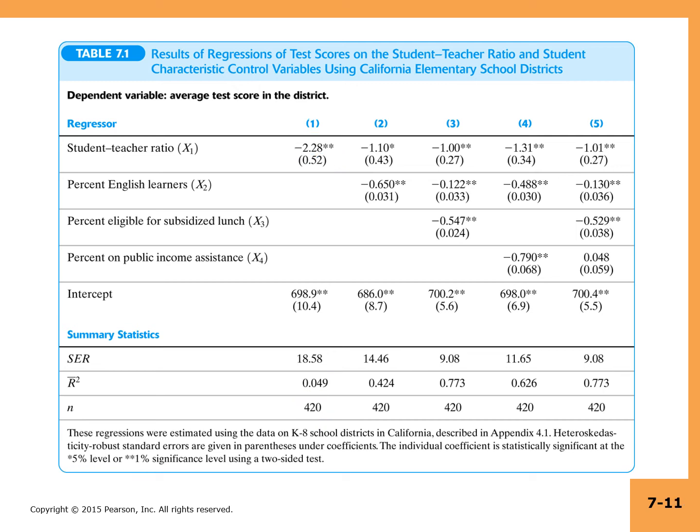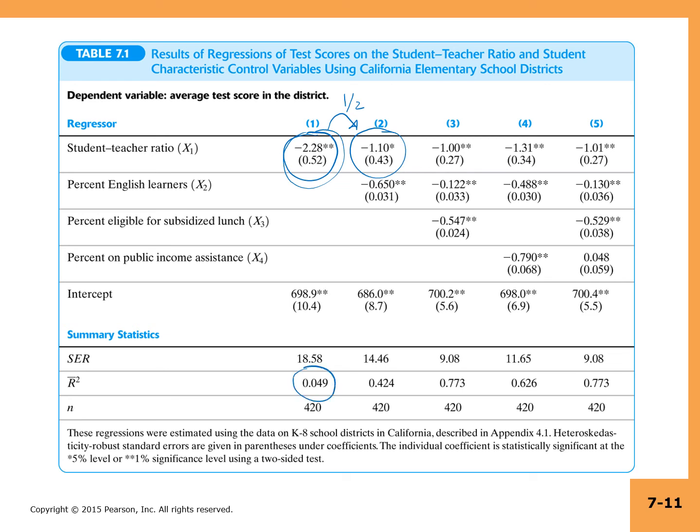So let's look at the regression outputs. The first thing to note is that when you go from our baseline model to the model that includes the percentage of English learners, the coefficient of our interest decreases by half, meaning that our baseline model of only including student-teacher ratio probably suffers from omitted variable bias. Another thing to note is that the student-teacher ratio alone doesn't explain the variation in test score very much, as you can see from the adjusted R-squared.